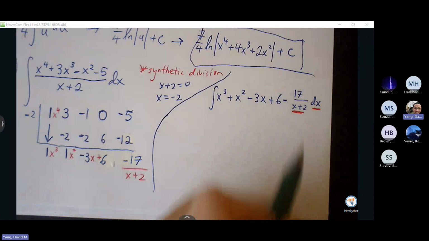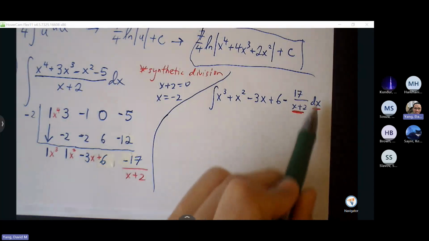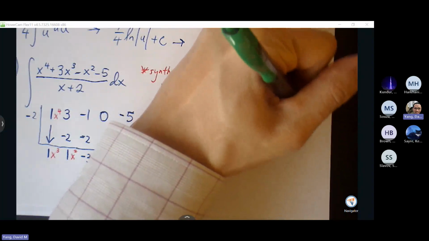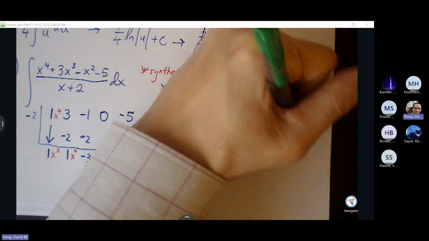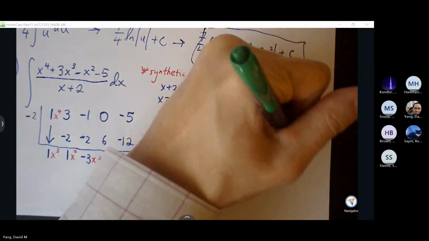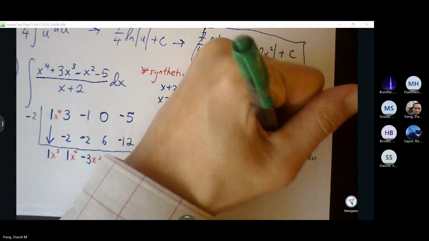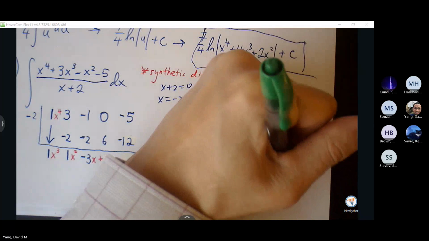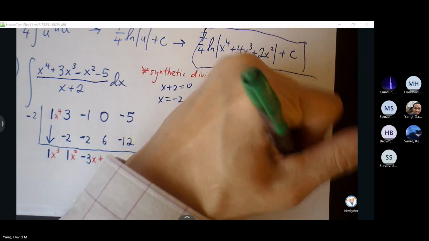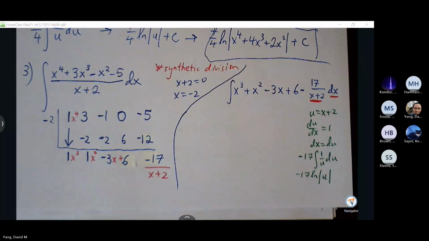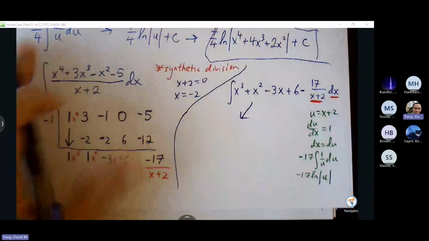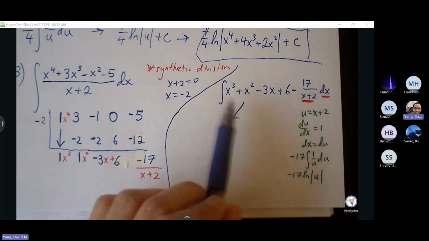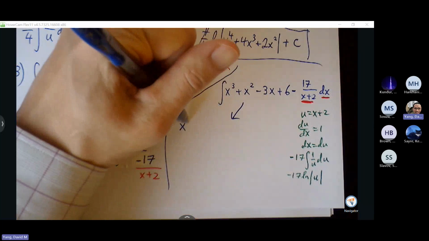So you can jump from here directly to the answer, to the antiderivative, or if you want to see all the steps here, we would do this. But you don't have to show all the steps, just in case you feel like you want to. Okay, so let's do the calculus for each of the terms here, power rule for the first 4 terms.